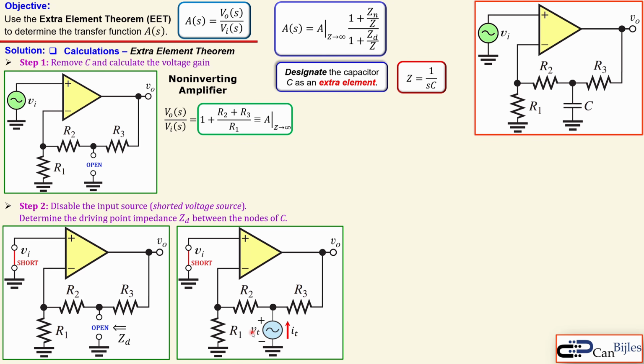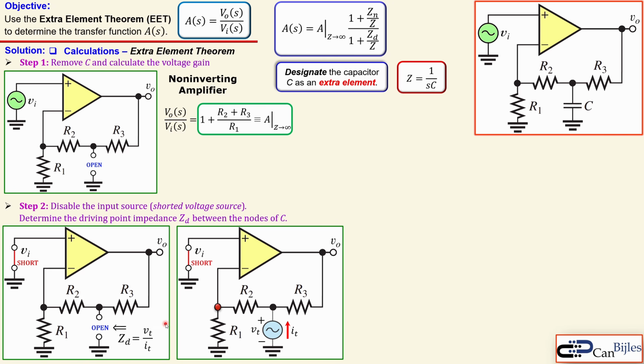And then the ratio VT over IT will be, using Ohm's law, the ZD. So we can say that ZD is equal to VT over IT. If I know that, I also know the impedance looking between these two nodes. This is similar to what we have done with Thevenin's theorem and Norton's theorem to determine the Thevenin resistance and the Norton resistance. So this is exactly the same procedure.